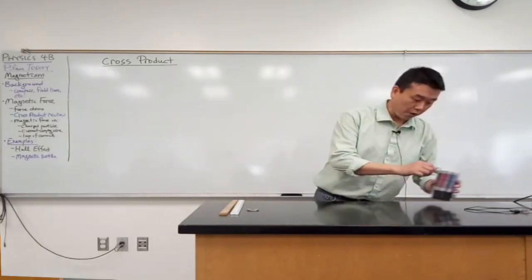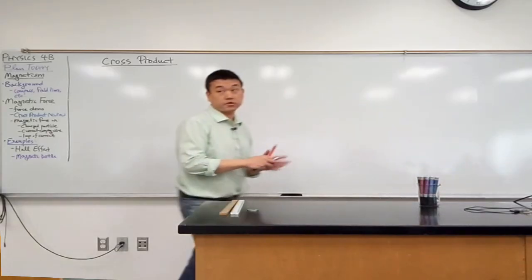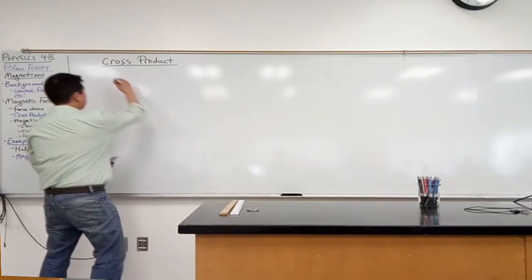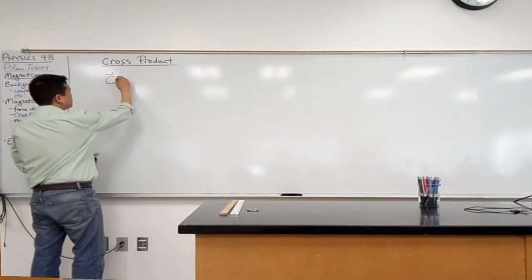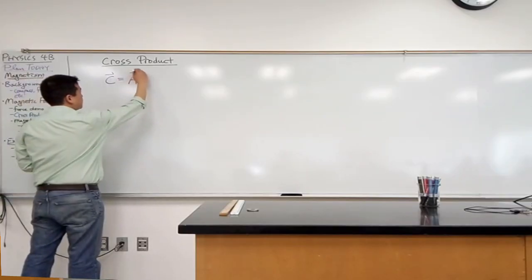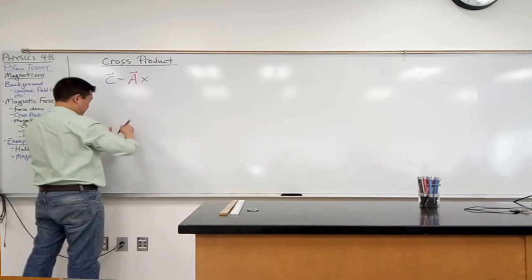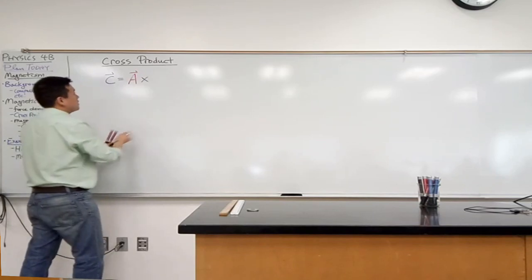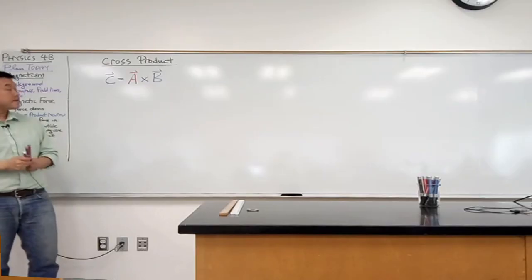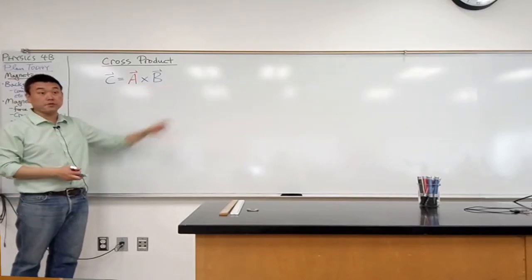As you recall, cross product is how you describe multiplying two vectors together. So you might say cross product C is a result of multiplying two vectors, A and B. A cross B. And for sake of concreteness, let me draw a representation of vector A and a representation of vector B on the board.